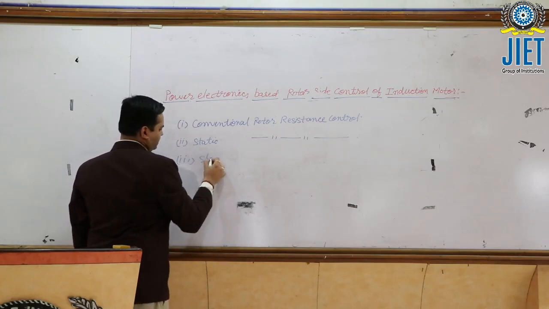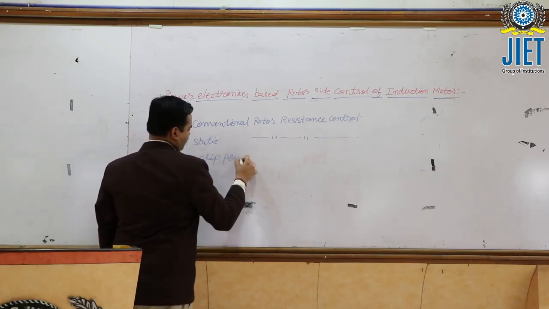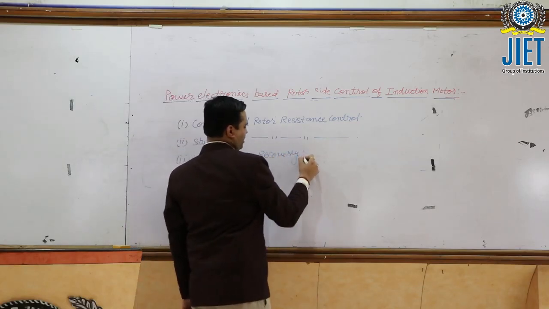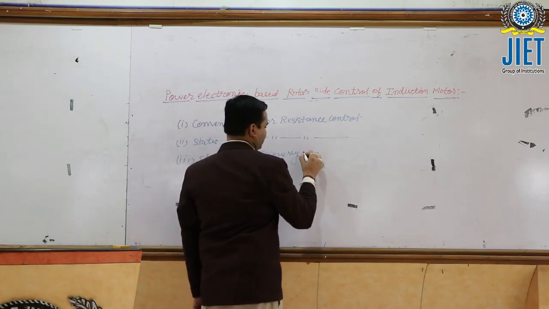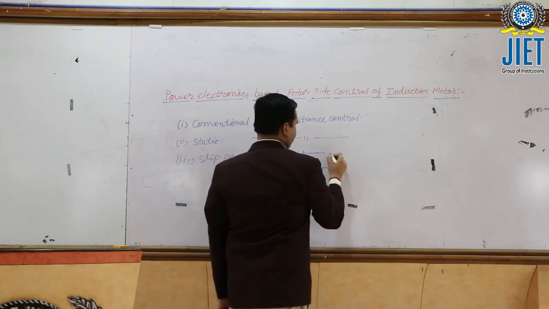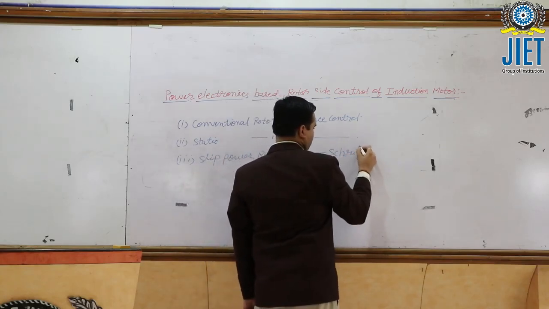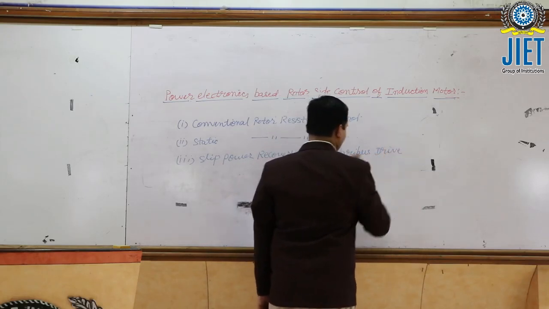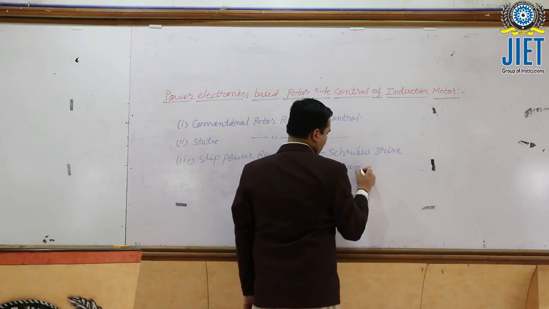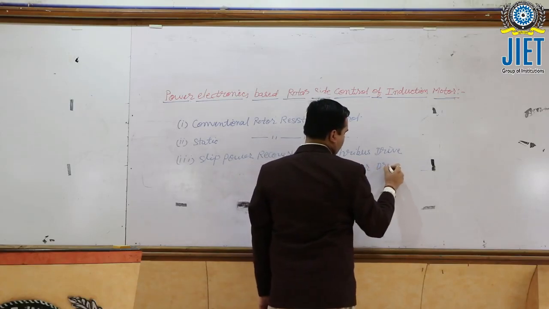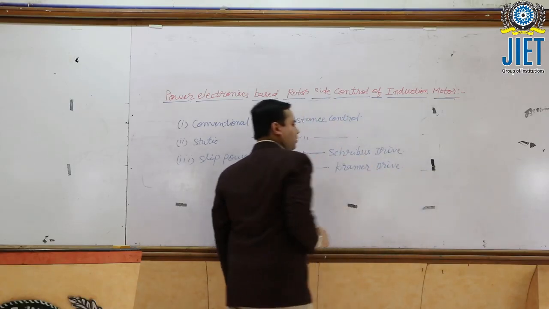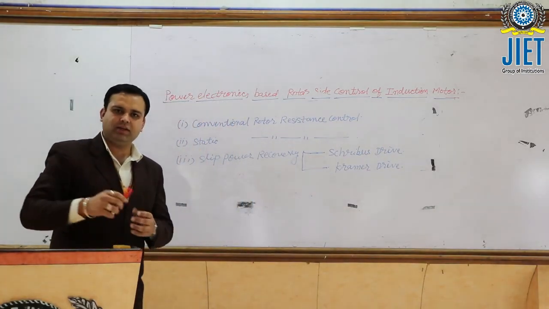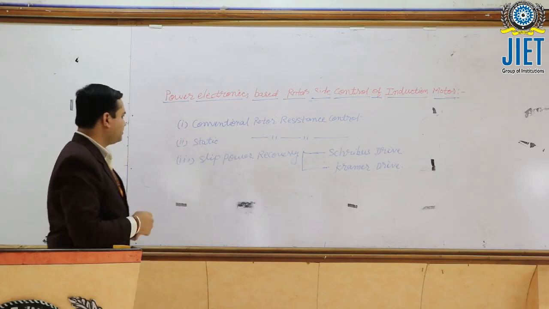Third one is the slip power recovery. In this slip power recovery, we have two configurations. The first one is the Scherbius drive, and the second one is the Kramer drive. One by one we will discuss the topics.